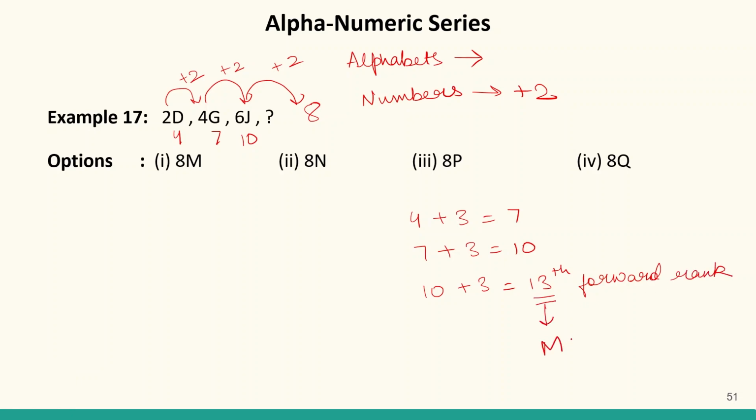So, right? In alphabets, we are seeing an increment of 3. So 2 different logics are being followed. Over here, we have plus 3 and over here, we have plus 2. So the next element will be 8M. This will be your answer, which is option 1.